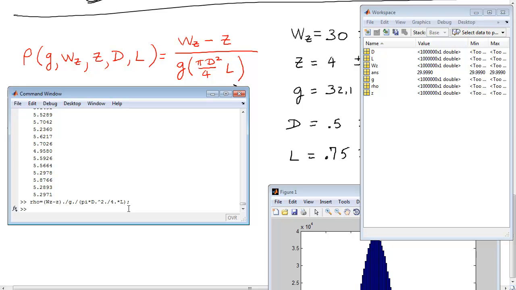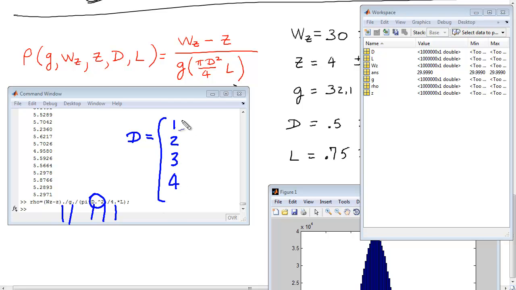So, what you've noticed now, maybe you have, maybe you haven't, here. This is an element by element operator, which says something like this. Let's say we had D equaling 1, 2, 3, and 4, instead of 1,000,000 elements.